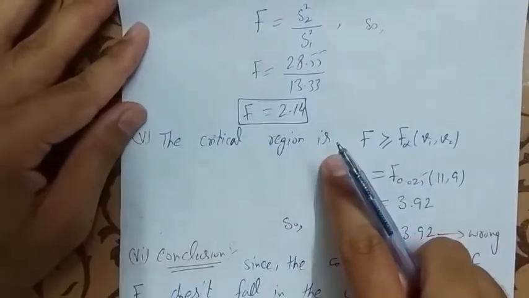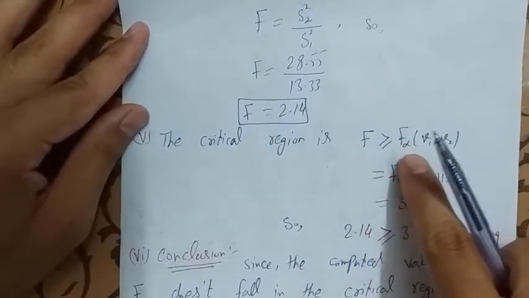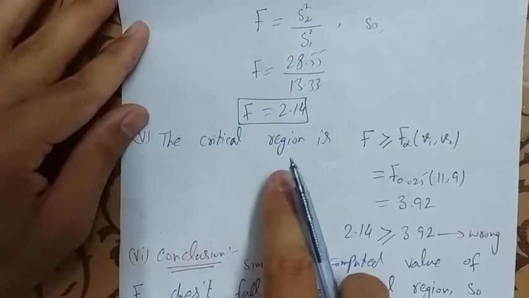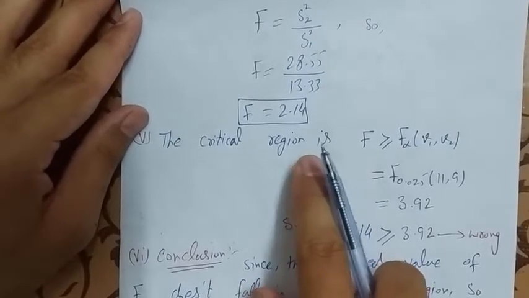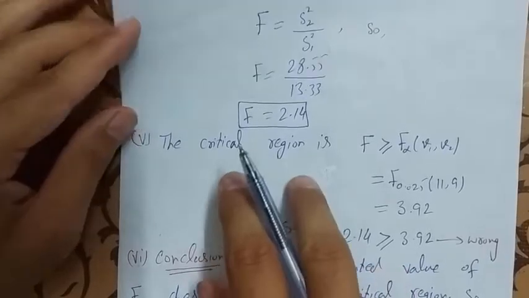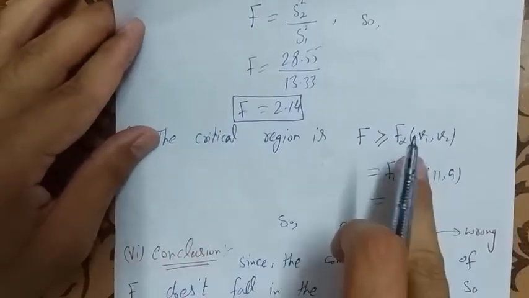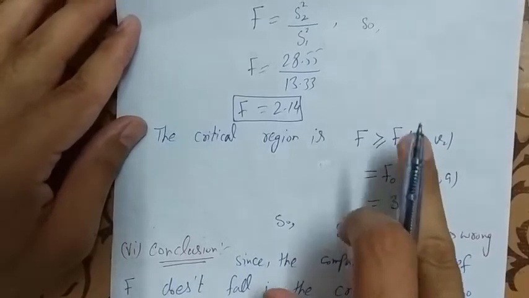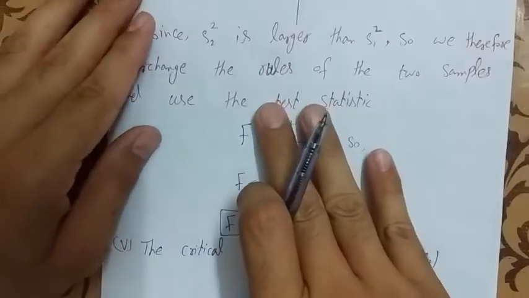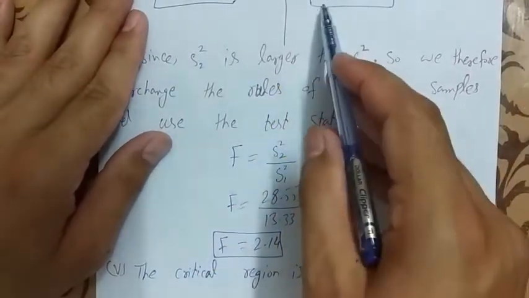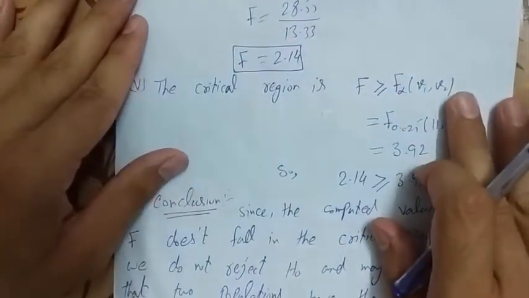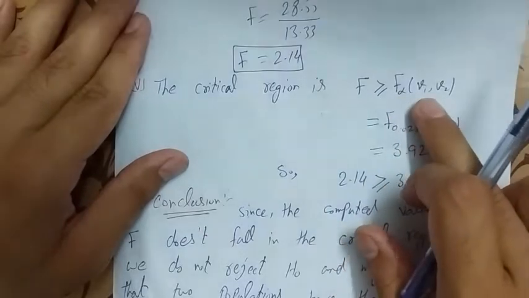So the critical region for this formula is F greater than or equal to F alpha with nu 1 comma nu 2. Students, we understand in the procedure that if we use this rule and turn the test statistic, then we use this critical region.